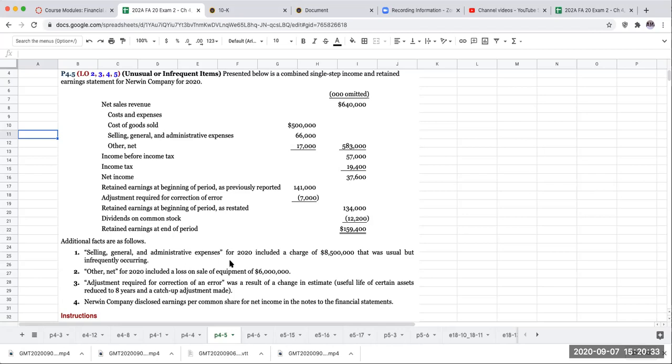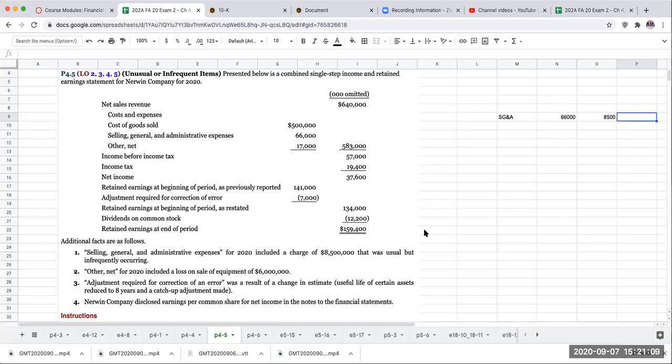So selling, general, and administrative expenses for 2020 included a charge of $8,500 that was unusual but infrequently occurring. So if we've got SG&A, and this amount here is 66,000, what it's telling us is that of that amount, 8.5 million, or 8,500, was unusual, or basically was usual, but not occurring that frequently.